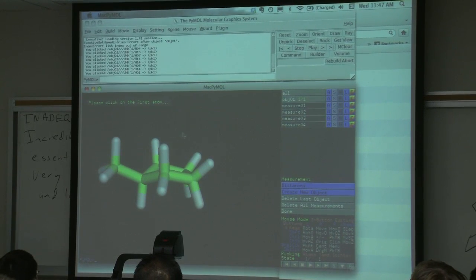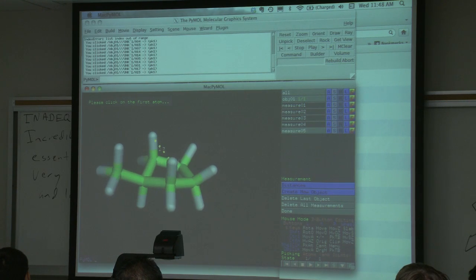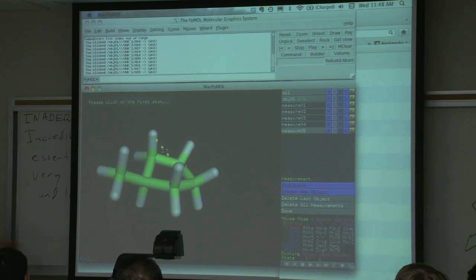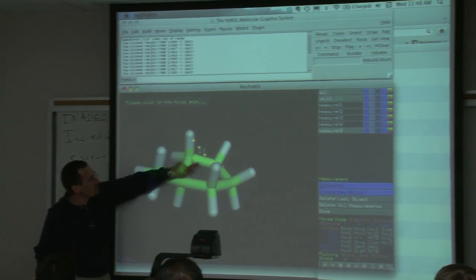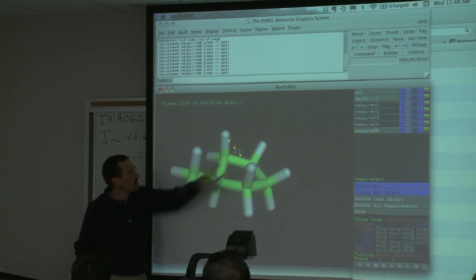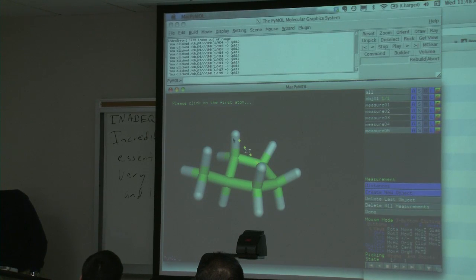For 1-3 relationships, you really don't get close trans relationships. Cis ends up, so we're going 1, 2, 3, in a 1-3 relationship, an NOE is pretty darn diagnostic of being cis, because that's 2.7.